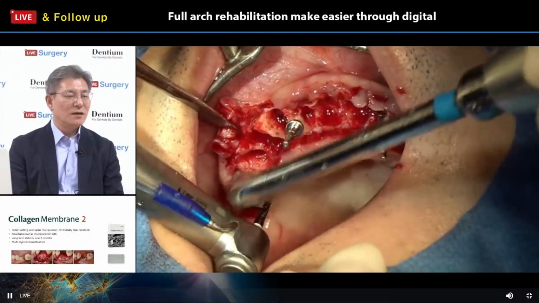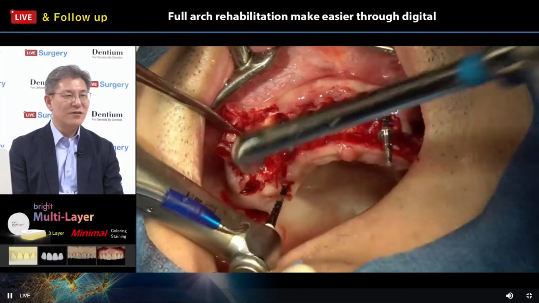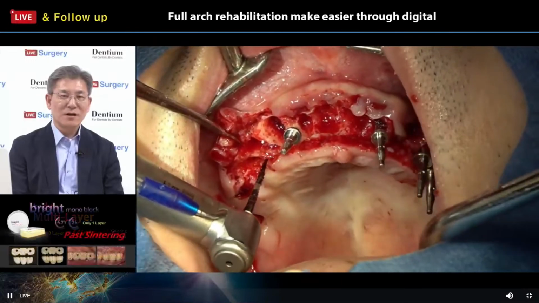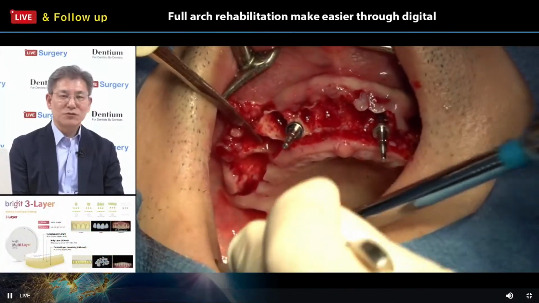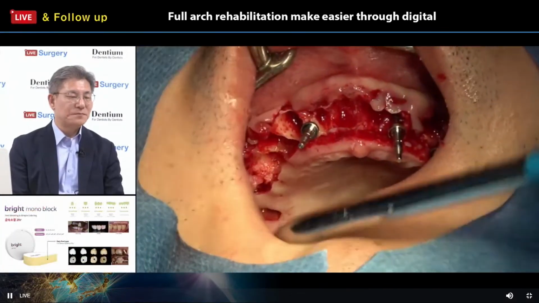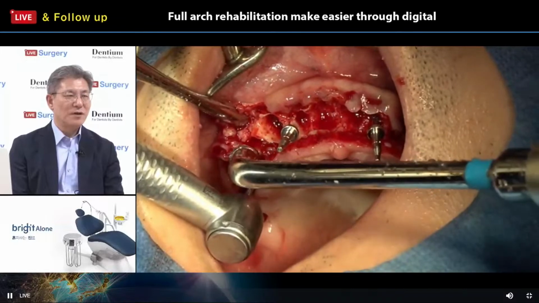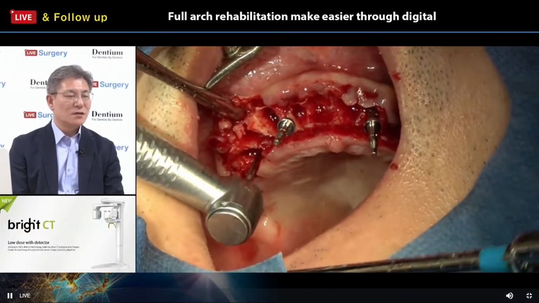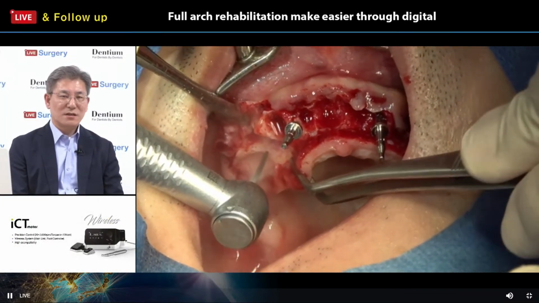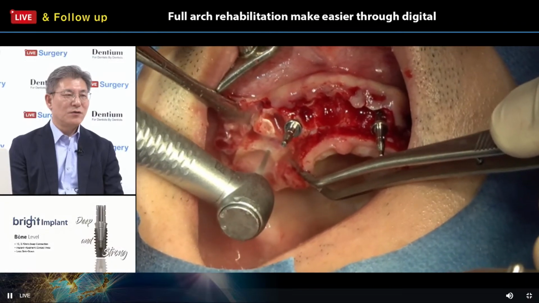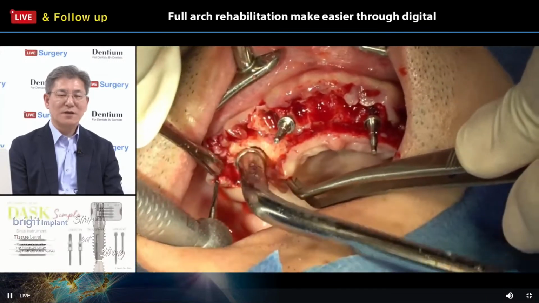Between number 12 and 13, these areas are not exactly the same as the 12 tooth area, because he wants to use a more stable alveolar ridge area. Between number 12 and 13 is better for osteotomy and implant installation.